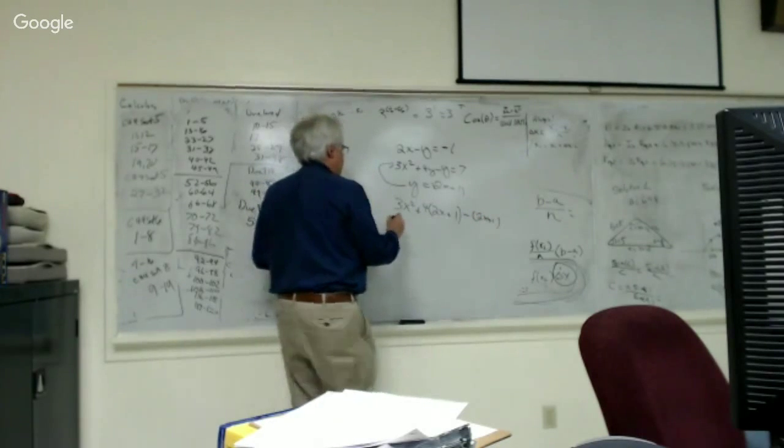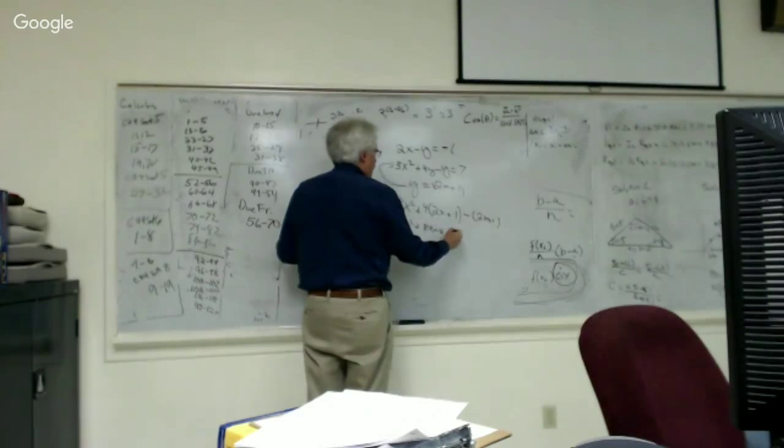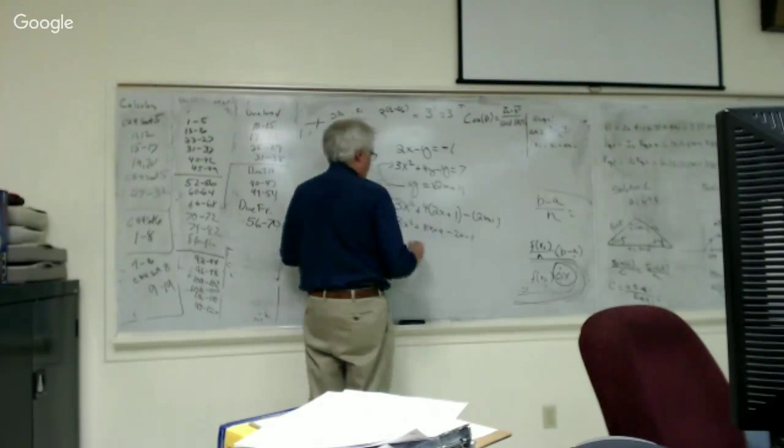Now we have to work things out. I have 3x squared plus 8x plus 4 minus 2x minus 1. So I have 3x squared, and then that becomes 6x. Don't forget it equals 7.